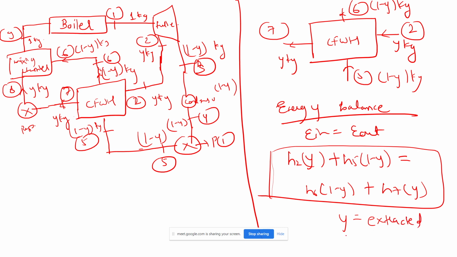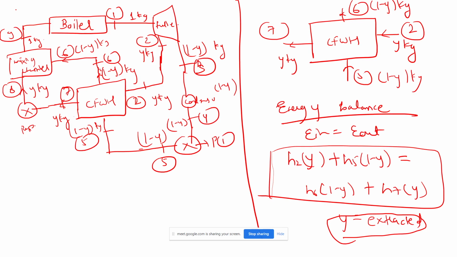I think it is more than sufficient till now. Till GATE 2022 they haven't asked any question on the closed feed water heater. If they try to ask from the closed feed water heater, they will only ask till here, because for the first time they will give it in this form, to calculate how much steam is extracted.